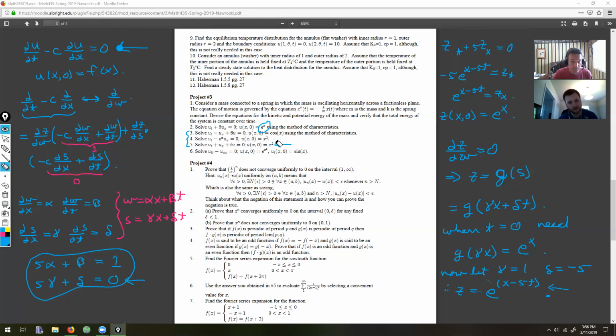So number 3 is virtually identical to the one we did in class, except instead of an A you have a -1, and instead of a B you have a 6. And you have a cosine x instead of a general f of x. We never really actually finished that problem.